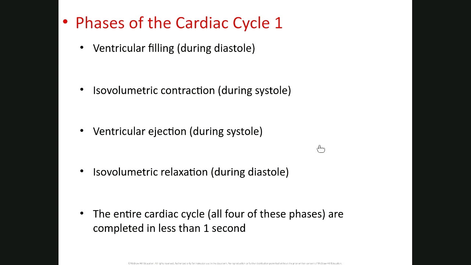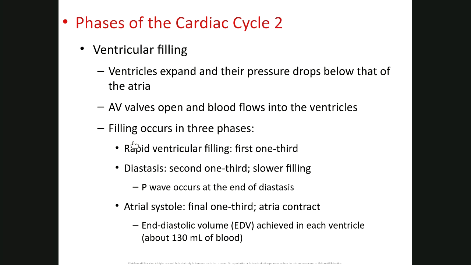Meanwhile, the atria are filling with blood from the superior and inferior vena cava, and the left atrium is filling because of the pulmonary veins coming from the lung. So the ventricles now have less pressure in them.